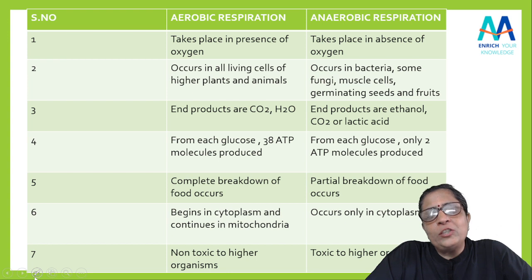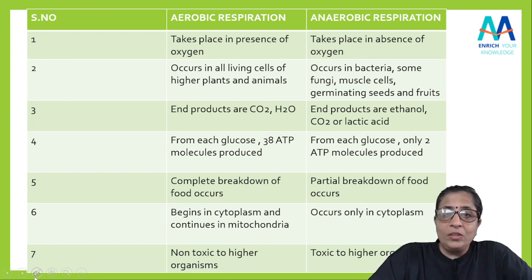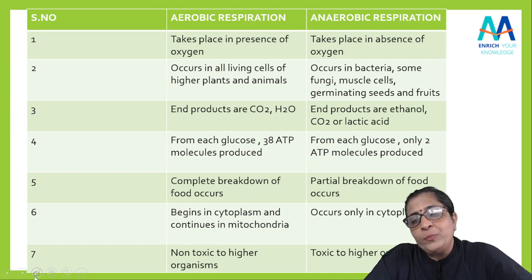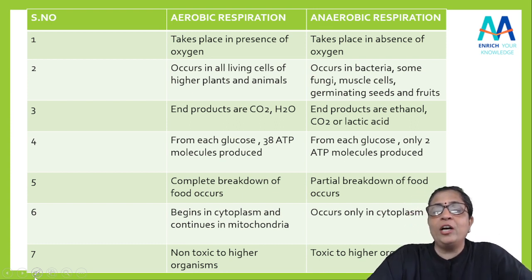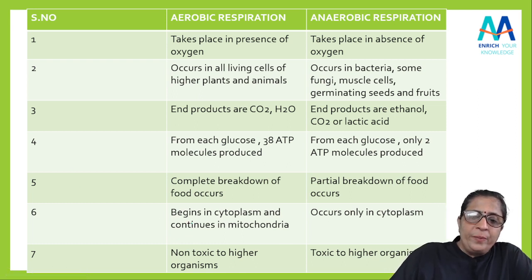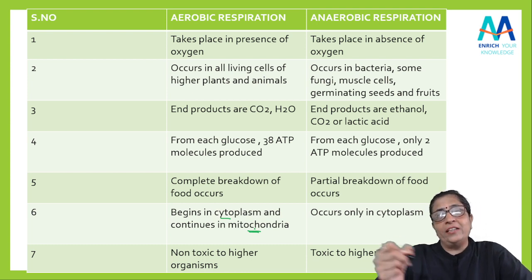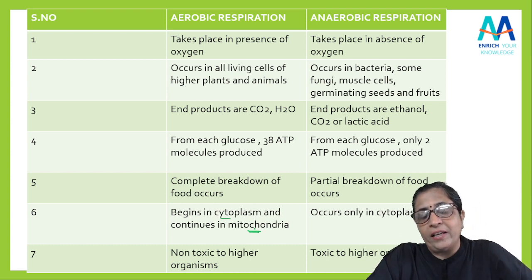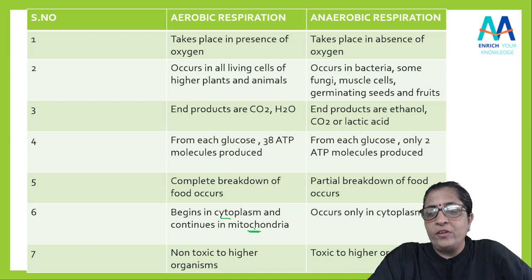In aerobic respiration again there is a complete breakdown of food or glucose, whereas in anaerobic respiration there is partial or incomplete breakdown of food. Aerobic respiration begins in cytoplasm and it continues in mitochondria, the TCA cycle or Krebs cycle. Yes, it takes place in mitochondria.